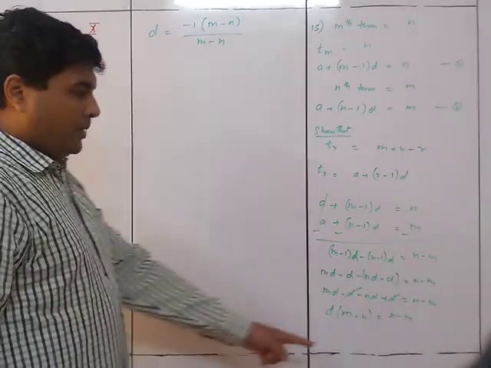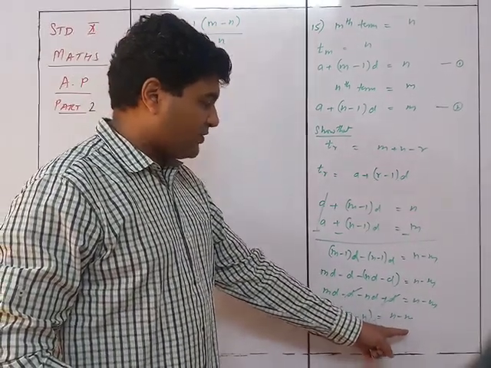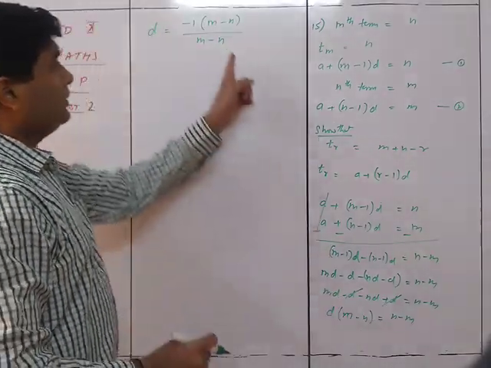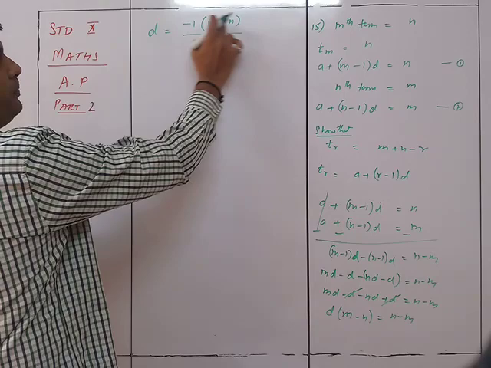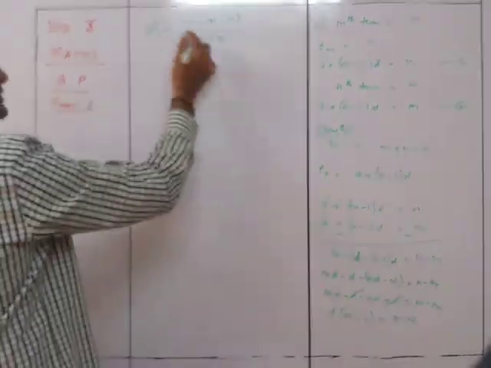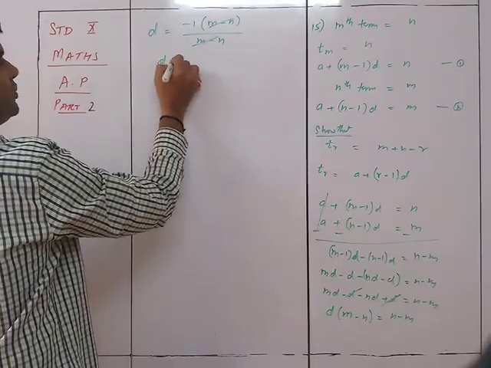Why are we taking this? Because this is m minus n, this is n minus m. If I take minus 1 outside, it becomes m minus n. So that's why d is going to be minus 1.